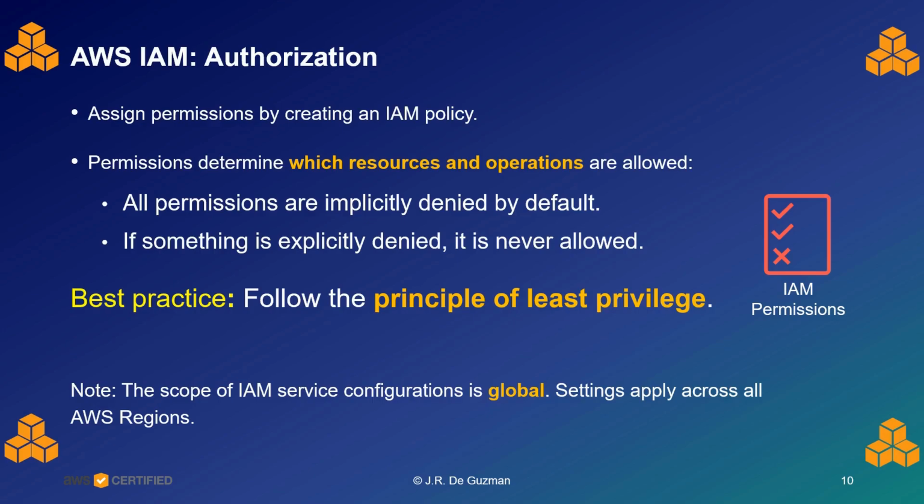Determine what users need to be able to do and then craft policies that let the users perform only those tasks. Start with a minimum set of permissions and grant additional permissions as necessary. Doing so is more secure than starting with permissions that are too broad and then later trying to lock down the permissions granted.